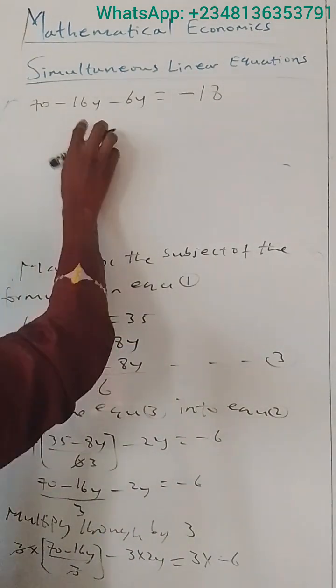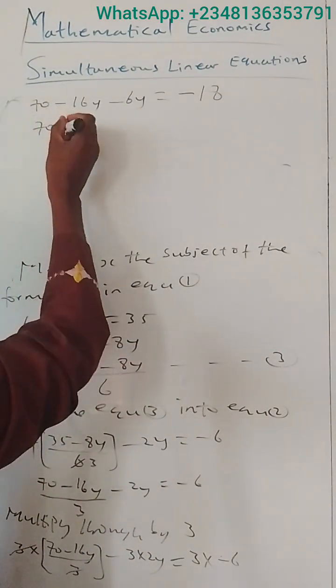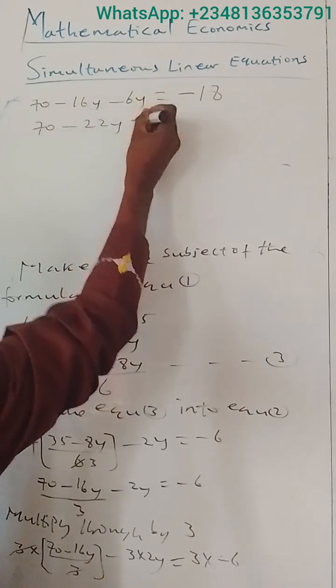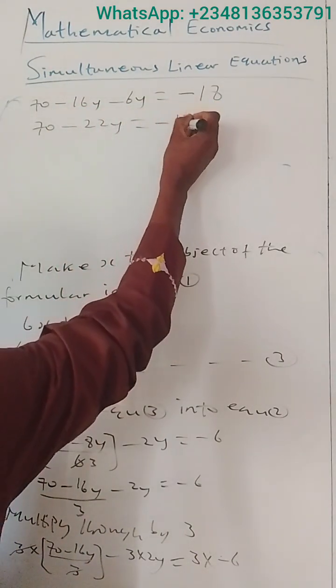Then this becomes 70 minus 16y minus 6y, that will be minus 22y. This equals minus 18.